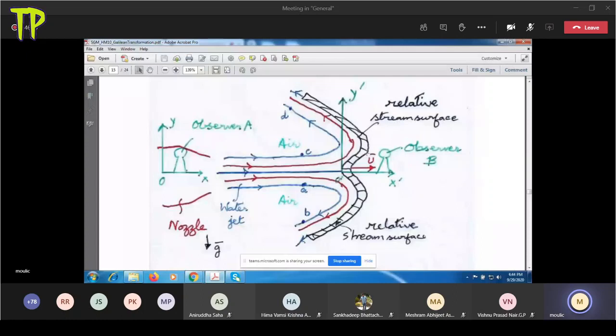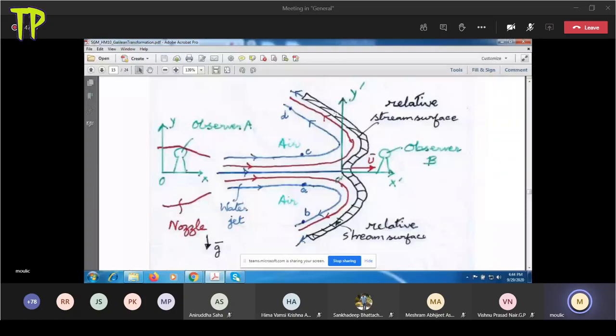Now, the fluid, the liquid here will impinge on the bucket, and due to the curvature of the bucket, it will be forced to turn, it will be deflected, and it will move out backwards. But because this solid surface which is hatched here is impermeable, the fluid cannot go through the solid. So the normal component of the relative velocity will be 0, and the relative velocity vectors will be tangent to the surface.